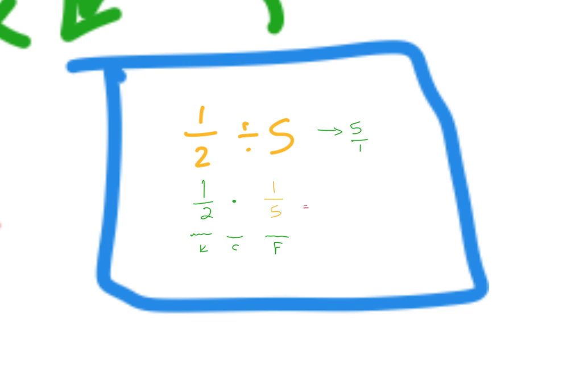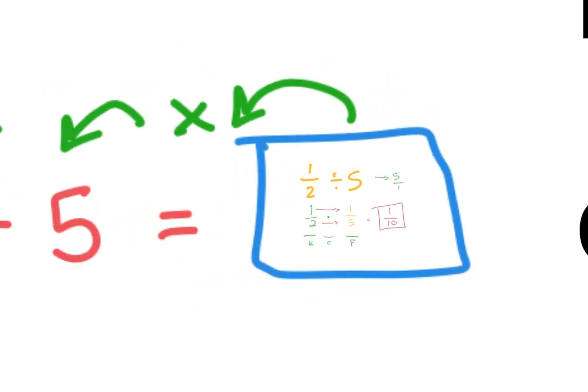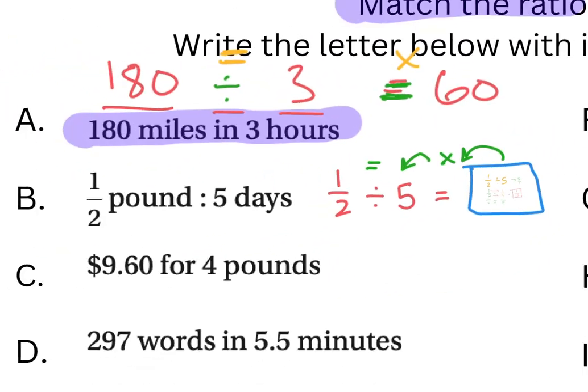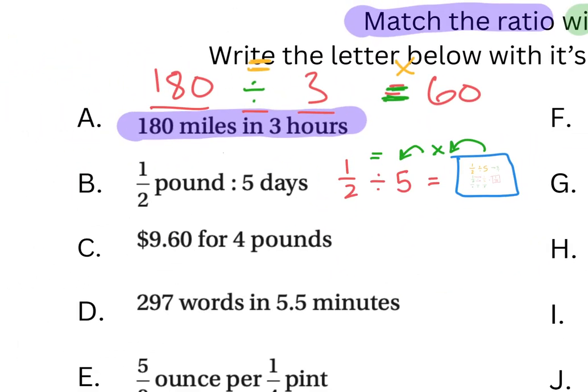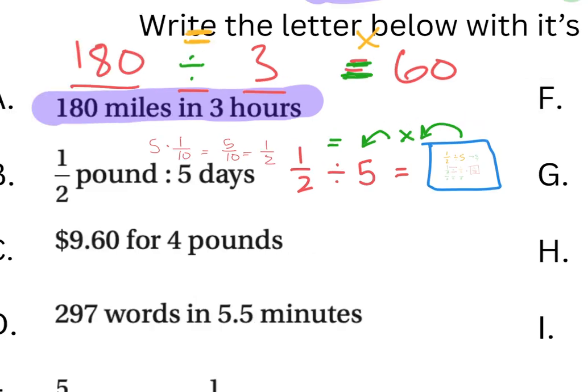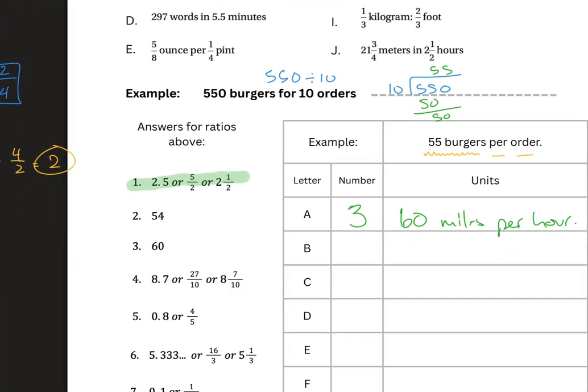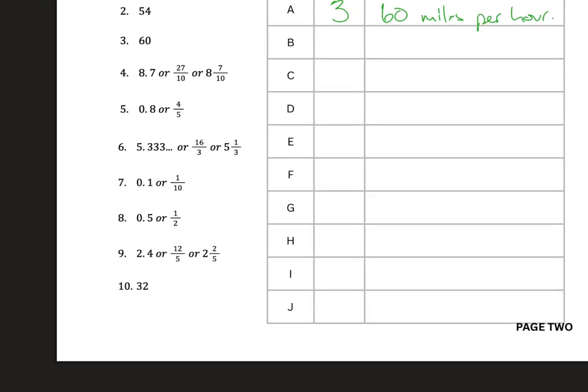So when you multiply straight across, you get 1 over 10. And that might seem very strange to you, but think about it. 5 times 1 over 10 is going to be 5 over 10, which is 1/2. So B is 1 over 10, or 0.1.